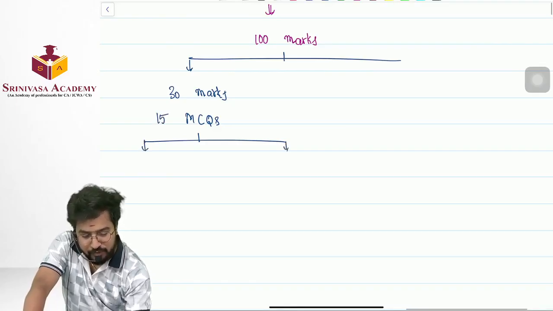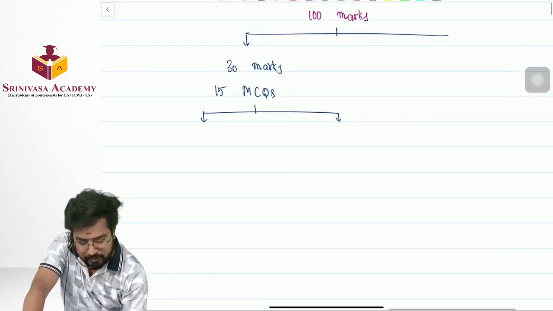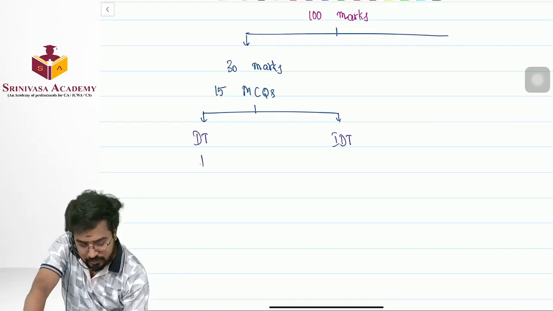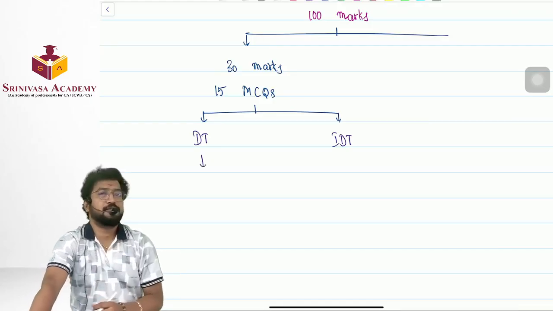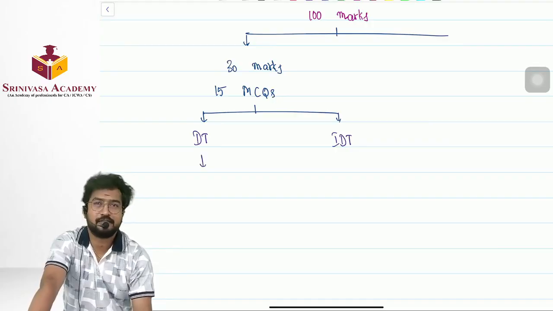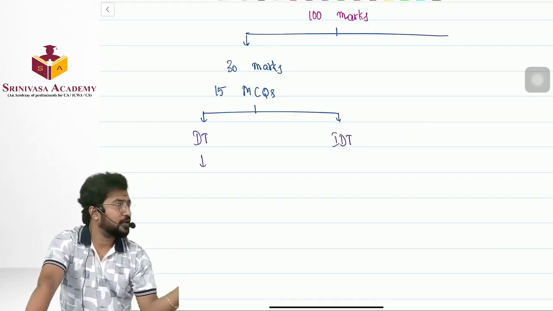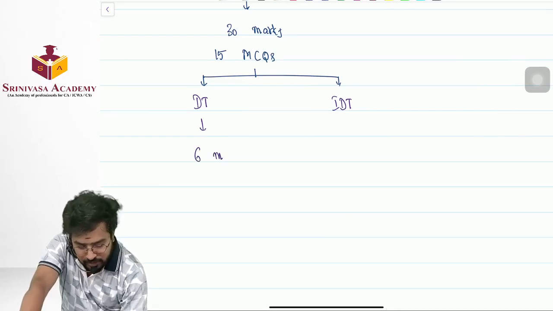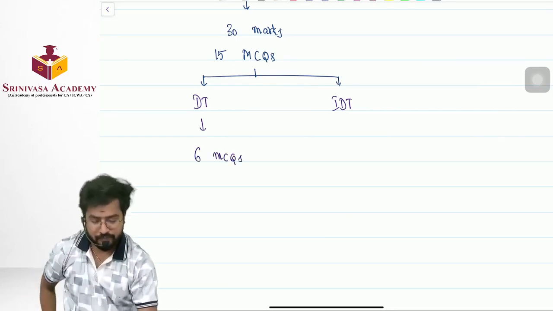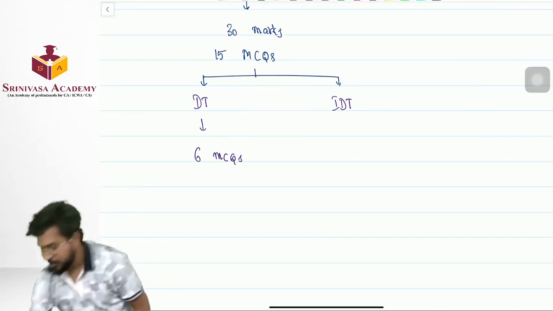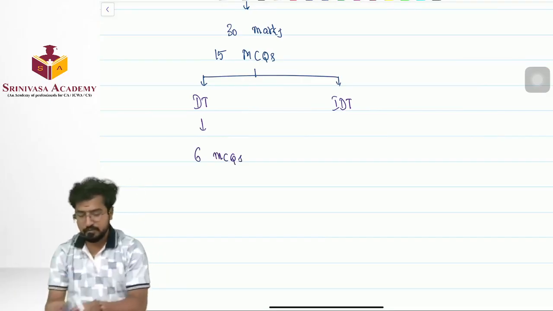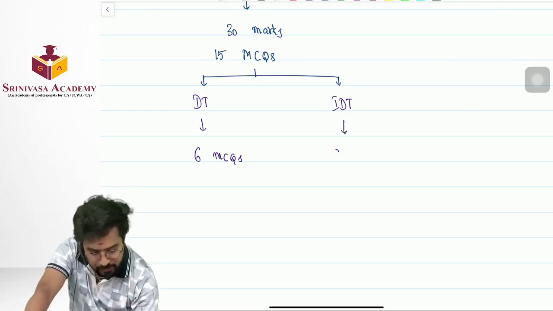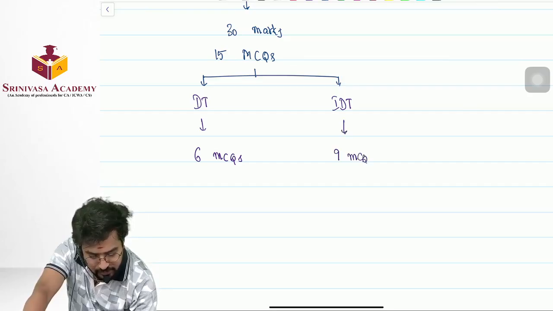And out of that 15 MCQs, how many MCQs from direct tax and how many MCQs from indirect tax? 6 MCQs from direct tax, and the balance, 9 MCQs, from indirect tax.